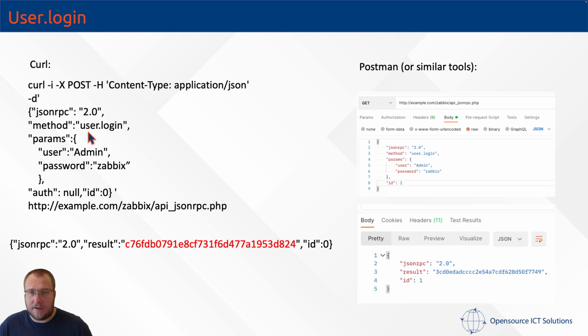Well, the payload JSON RPC user.login, username, password, authentication. Well, we do not have an authentication yet, so null. ID something, and we are executing this one against the API URL. Hopefully you will get back something like this. JSON RPC 2.0 result, and this is going to be your token.